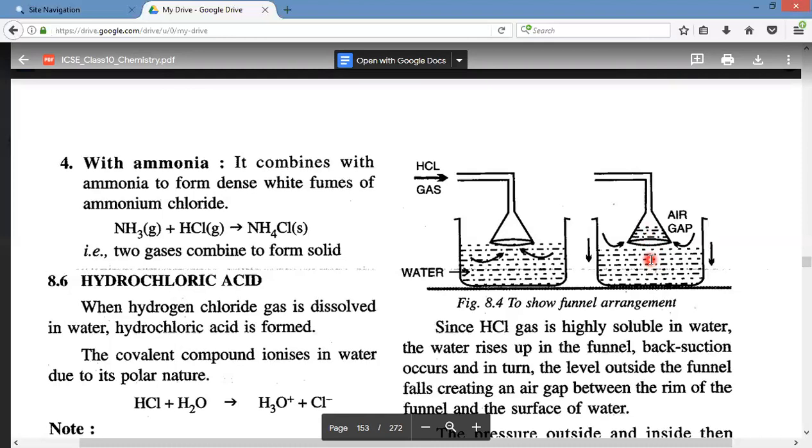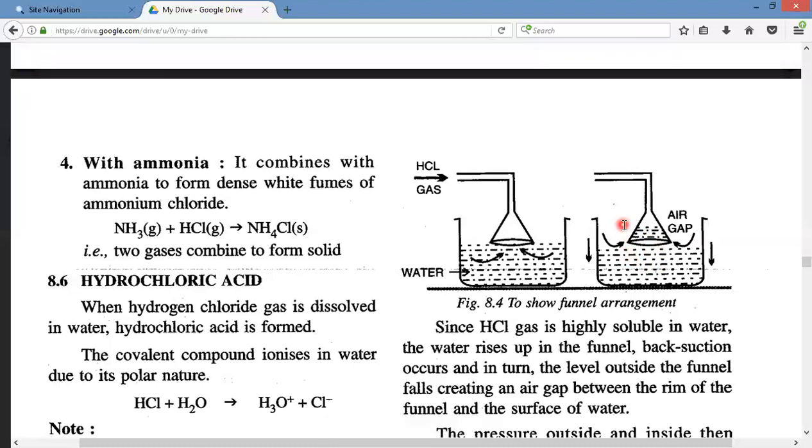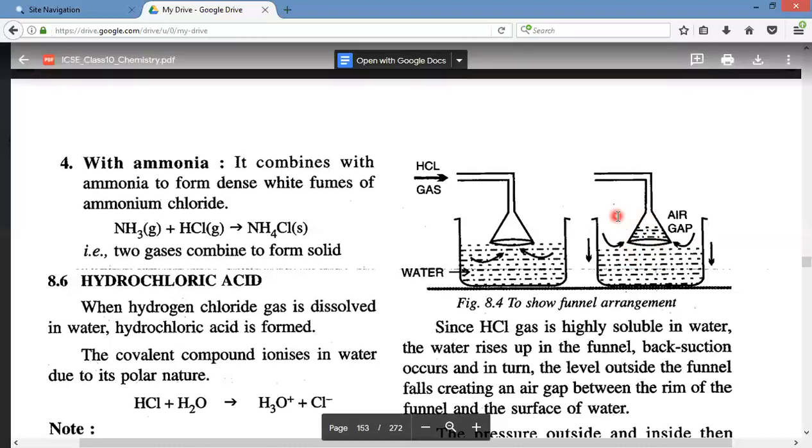After that, what will happen? When the pressure inside and outside become equal, then the water comes down again.